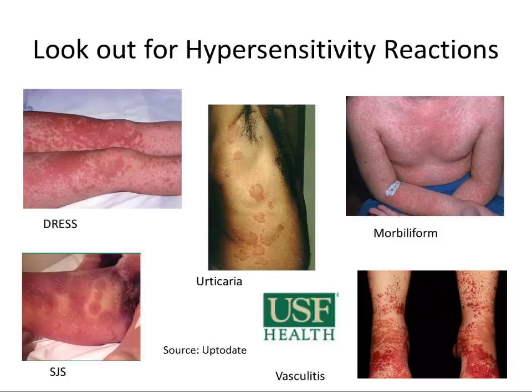So here's an example of some common appearing hypersensitivity reactions: DRESS, urticarias, vasculitis, Stevens-Johnson's. And you can see why they can be very difficult to diagnose. They appear very similar, but immunologically they're mediated very differently.